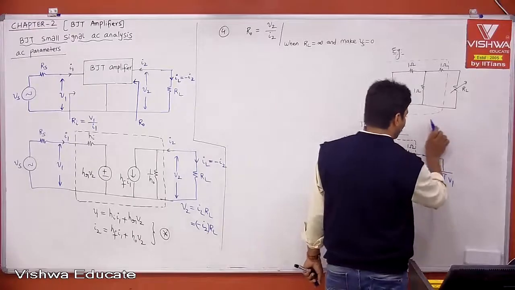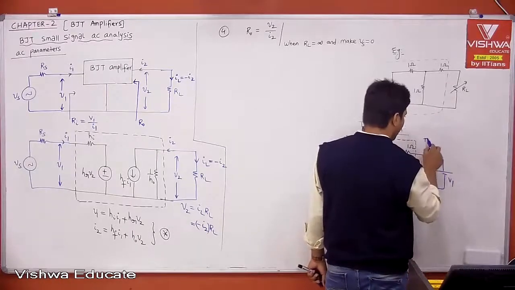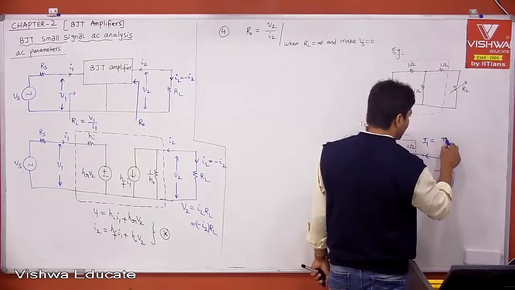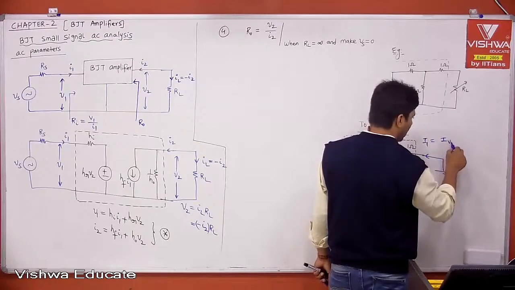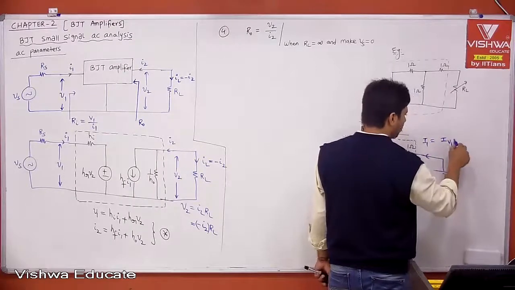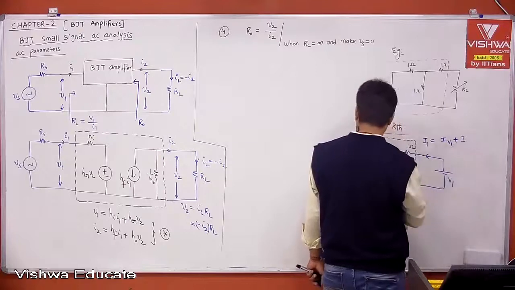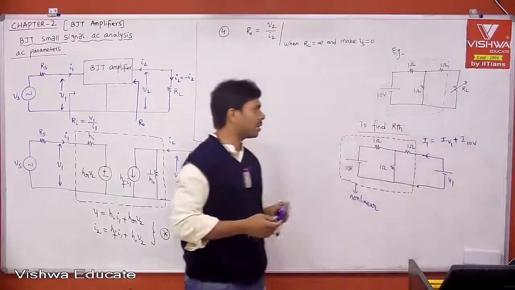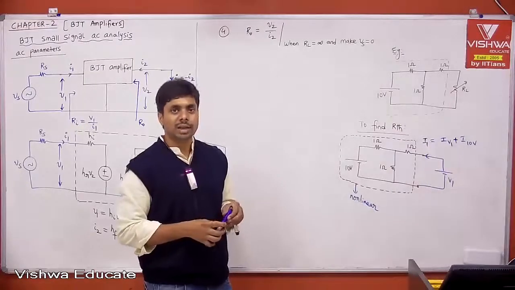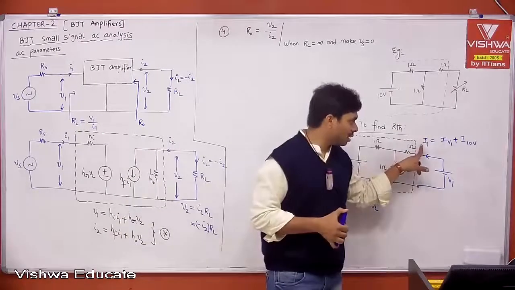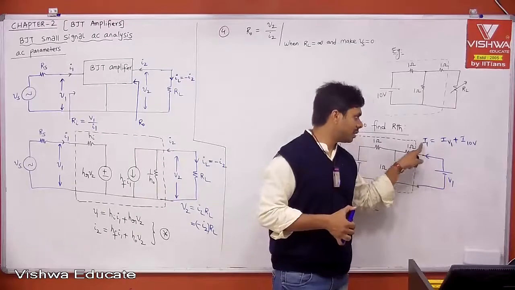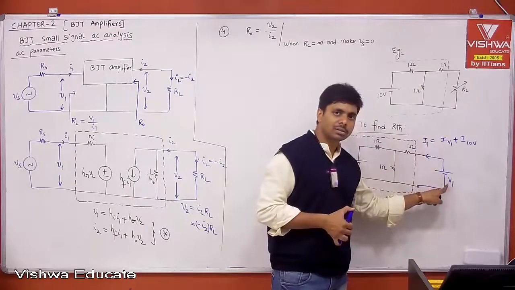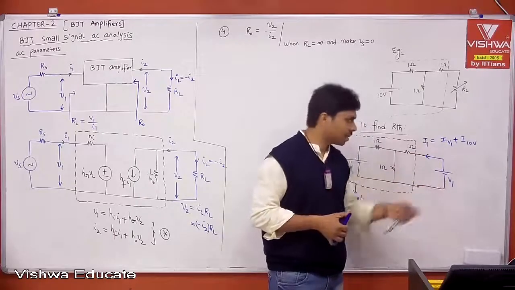Whatever I1 you have, I1 is equal to the current due to the voltage you applied externally here, plus the current due to the 10 volt battery, because the 10 volt battery is present inside. But what I want is the current only because of V1. If you get current I1 only because of V1, over. But we are getting something more, right?